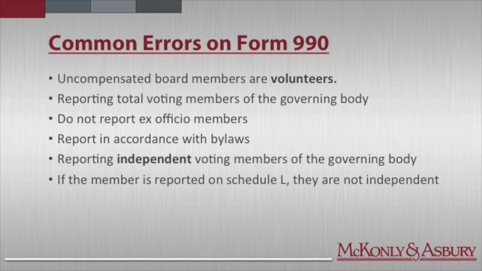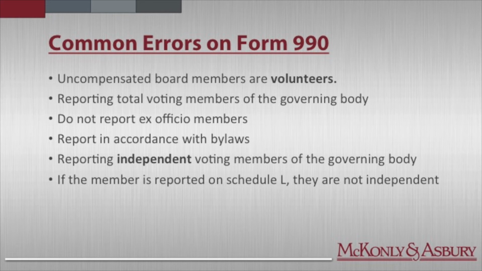So one of the disclosures in the 990 is how many volunteers did you have during the reporting year. And if you have uncompensated board members, they should be included in that number for volunteers. So that's one that nonprofits often forget when they're counting up and accounting for their volunteers to disclose on the 990.